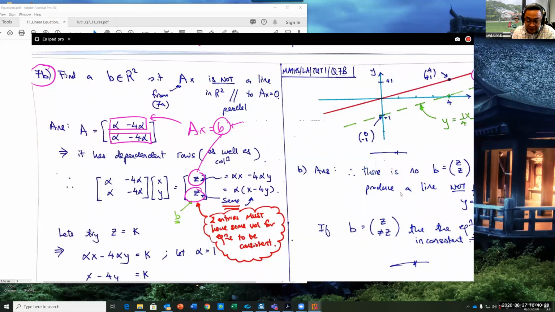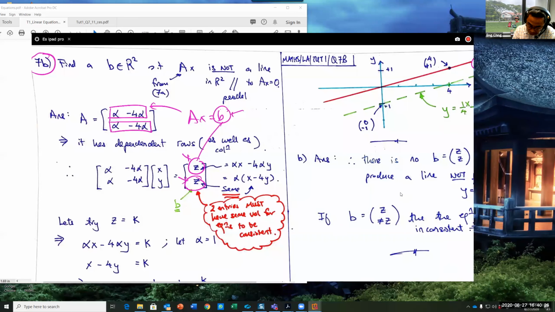And if they are the same, then when we perform Gaussian elimination, we'll get 0, 0, and then z minus z, which is 0. So everything is okay if the equations are consistent. But if the equations are not consistent, when we try to eliminate this row, the right-hand side is not equal to 0, and then the equation becomes inconsistent.